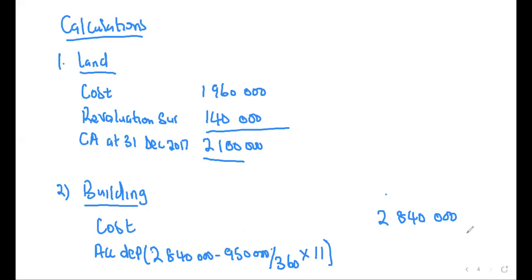How much are we going to have as the depreciation for 2016? You first remove the residual value, then you divide by 360, the useful life of the building in months. Then for the current year, the building was used for only 11 months.